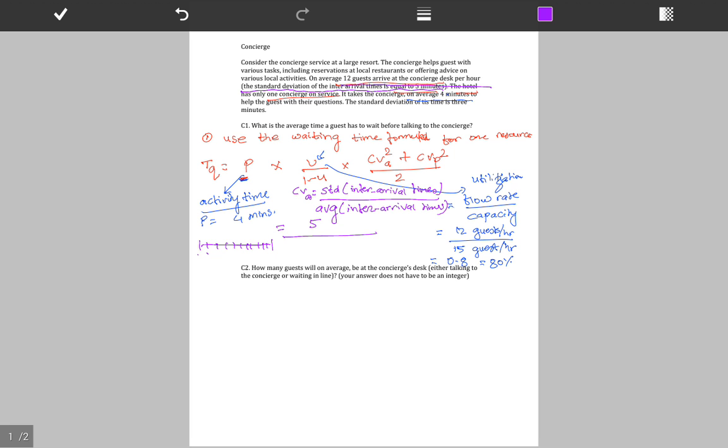Altogether 12 customers arrived in this hour. That means the average gap between two arrivals, the inter-arrival time, has to be 5 minutes, because 12 multiplied by 5 is 60. That means the CVA equals 1.